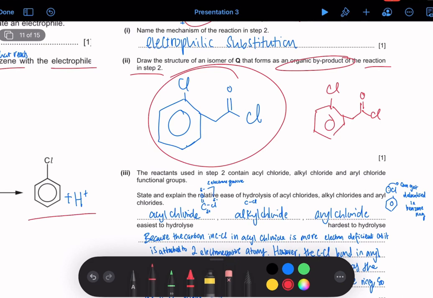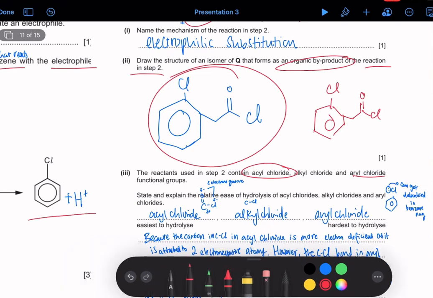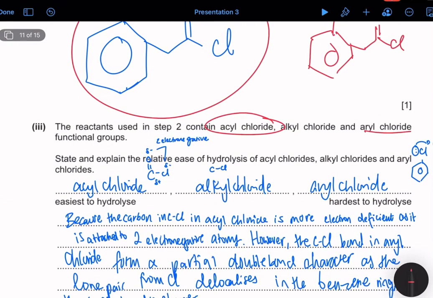The reactants used in step 2 contain acyl chloride, alkyl chloride, and aryl chloride. State and explain the relative ease of hydrolysis of acyl chlorides, alkyl chlorides, and aryl chlorides. So again, your acyl is easiest to hydrolyze because, as you can see, they're bonded to 2 different electronegative atoms.